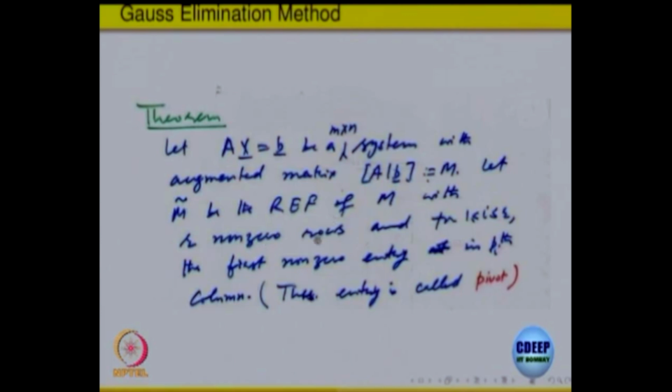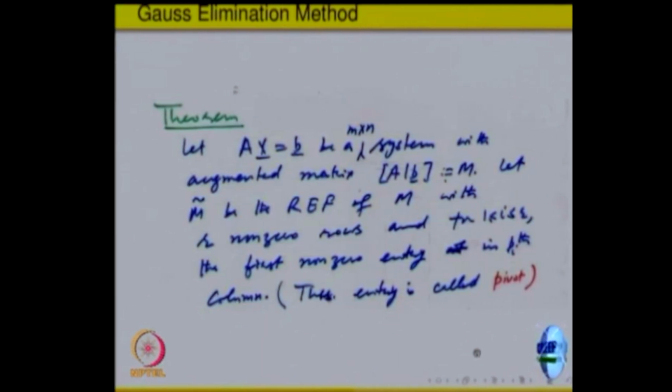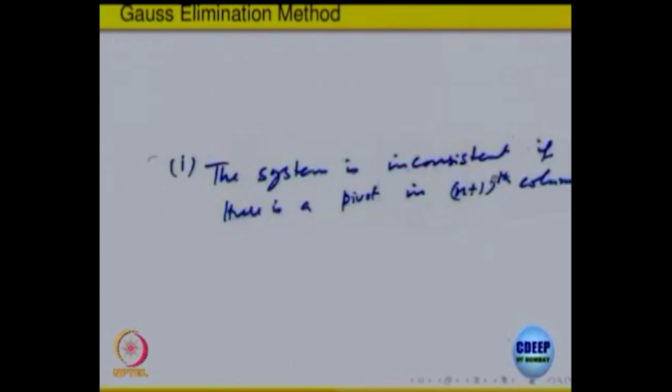R is the number of non-zero rows, and pivots are coming at the P_i-th places. Then the system is inconsistent if there is a pivot in the B column, a non-zero pivot. If a pivot comes there, all the previous entries must be 0.